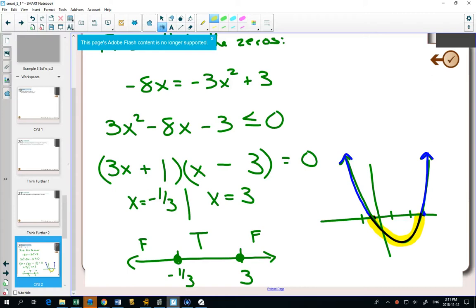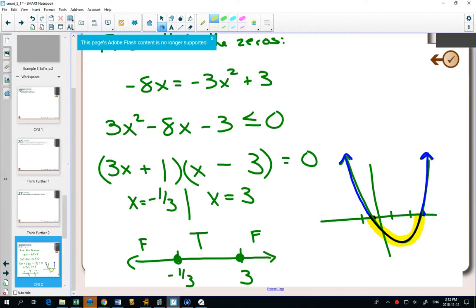The other way of finding the true and the false sections is by testing certain values. If I want to test a value in between -1/3 and 3, I could plug in 0. If I plug in 0 into the equation, is -3 less than or equal to 0? Yes, this section is true.